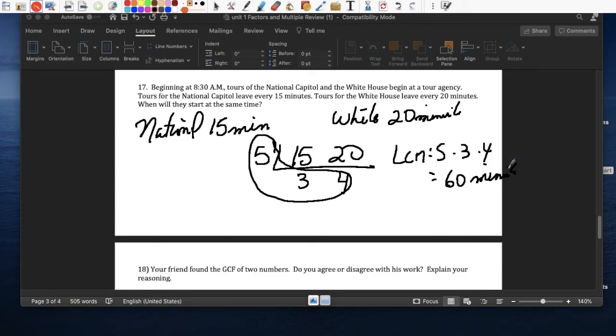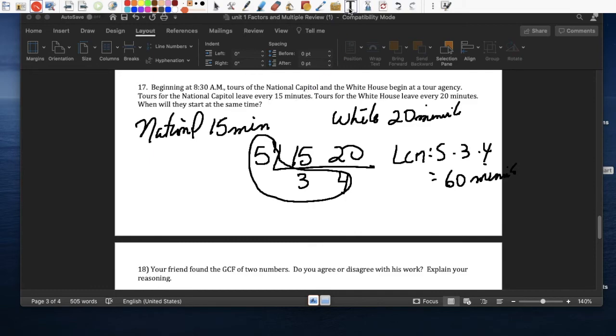Really? No, it doesn't make sense. Even the 5 goes in 3 times. 5 times 4 is 20. 20 times 3 is 60. Yeah, all right. That makes sense. So in 60 minutes, they will have a tour at the same time.